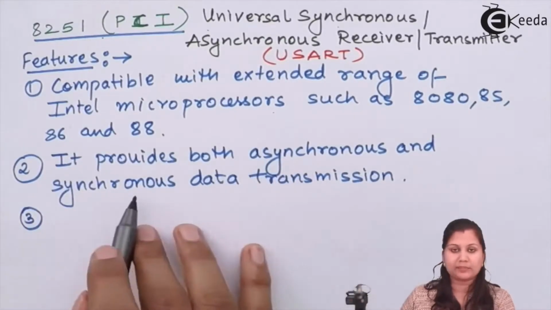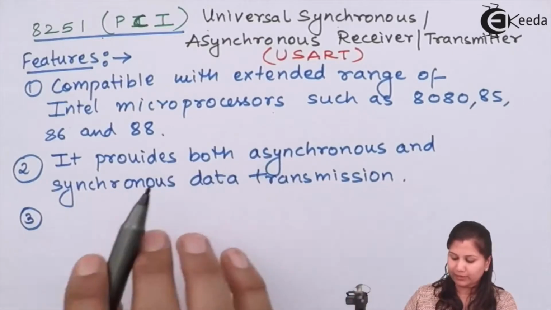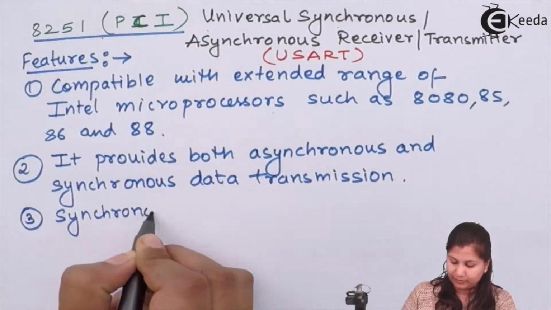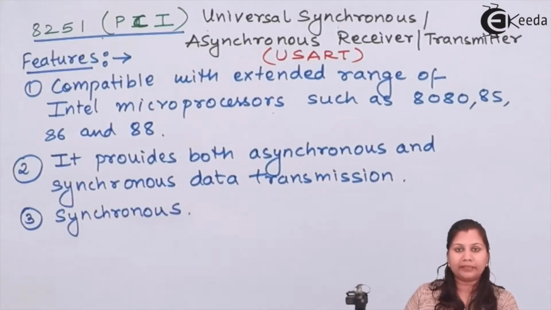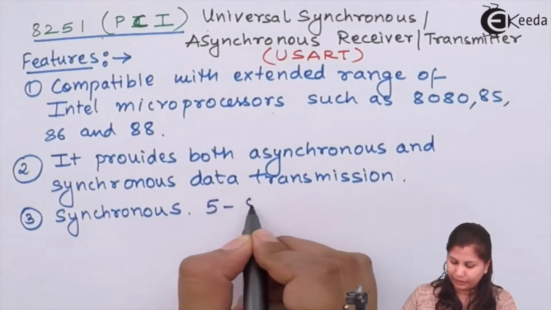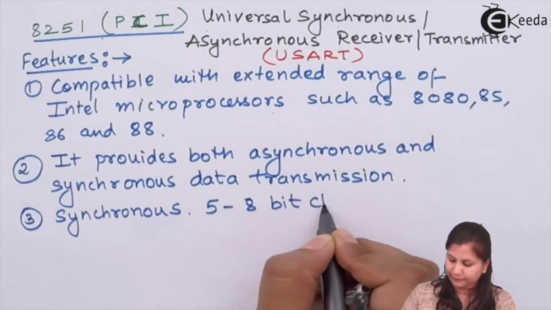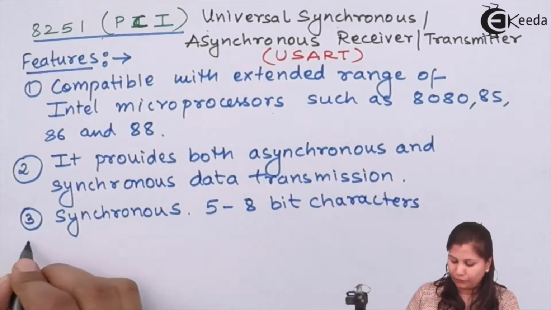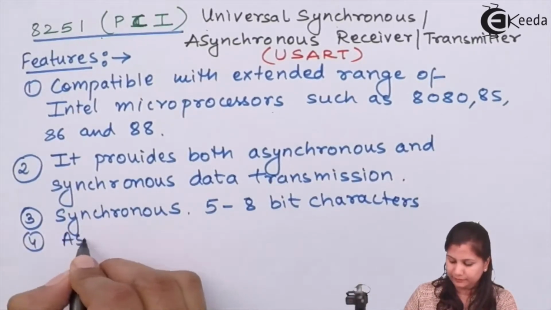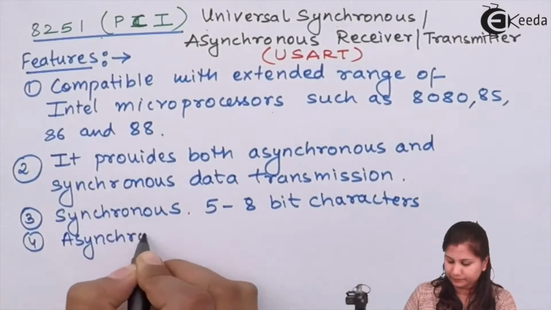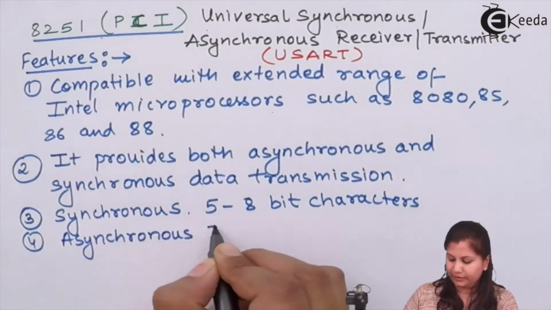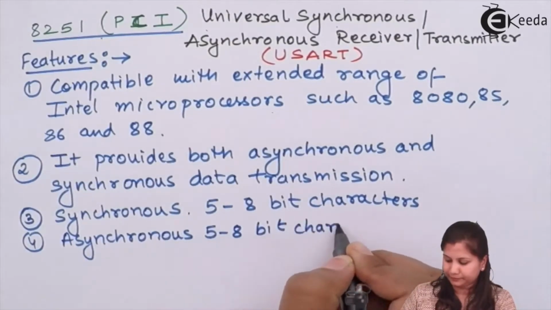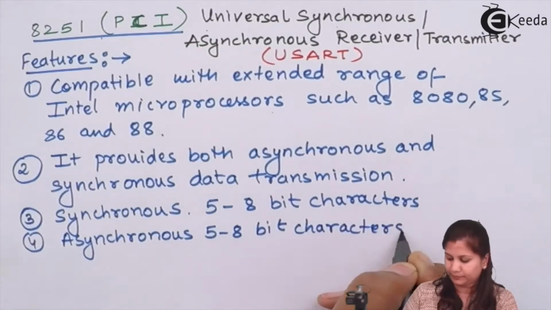Now because it is transmitting the data in both the forms, asynchronous and synchronous, for synchronous, data bit characters can be 5 to 8 bit characters. And also for the asynchronous, it can transmit 5 to 8 bit characters.